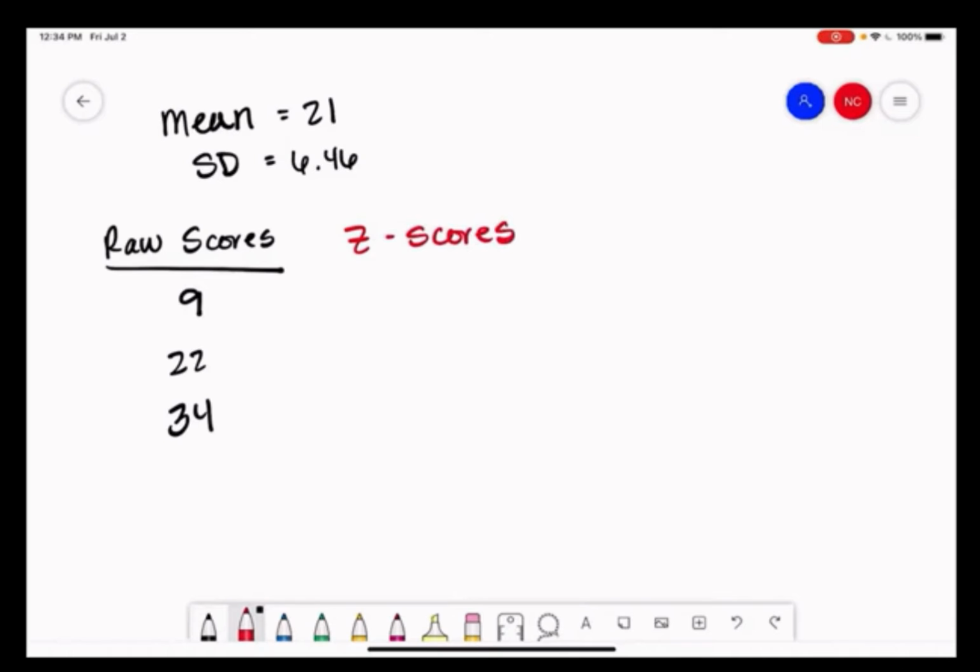And we can do that by using our formula, which was z is equal to the raw score minus the mean divided by standard deviation. So in our first case, we could say z is equal to 9, which is the raw score, minus 21, which is the mean, divided by 6.46.